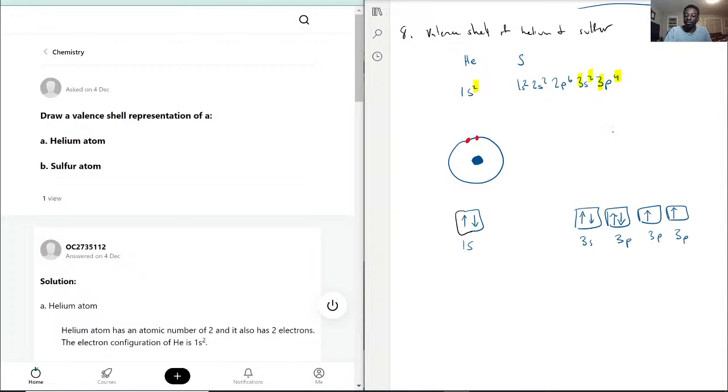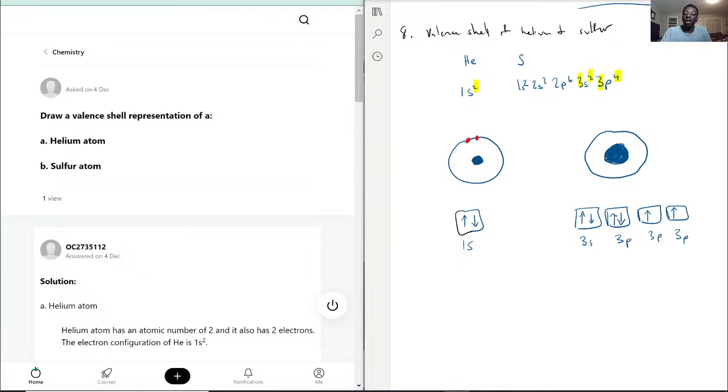For sulfur's valence shell, the center is going to be the nucleus plus its other shells. We don't draw those specifically, because it's asking for the valence shell. We do not draw the other shells there.